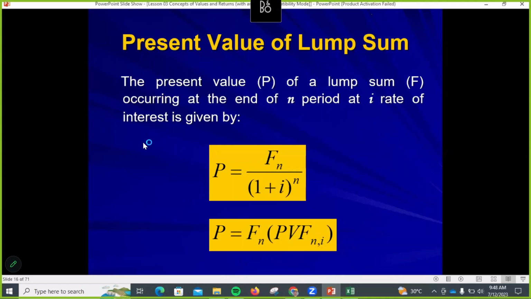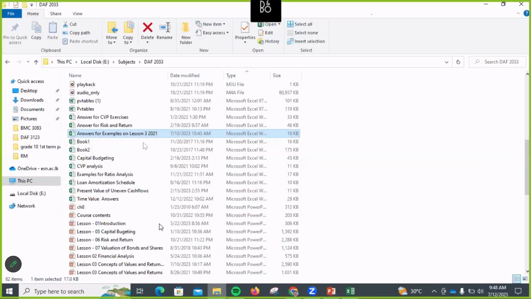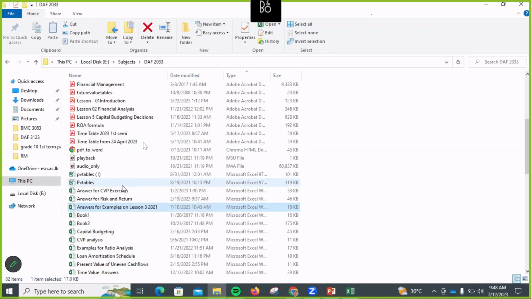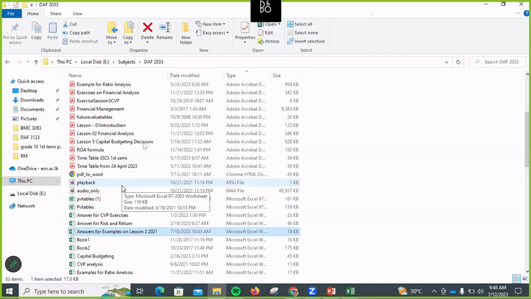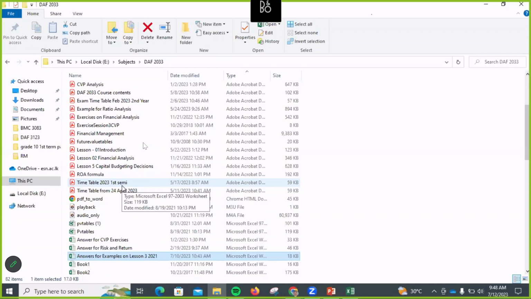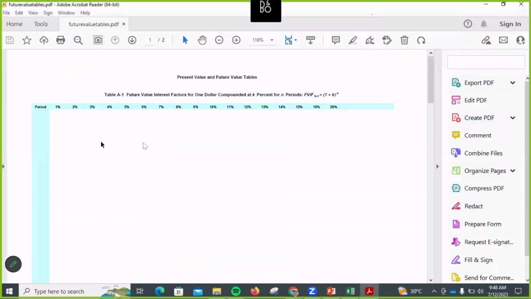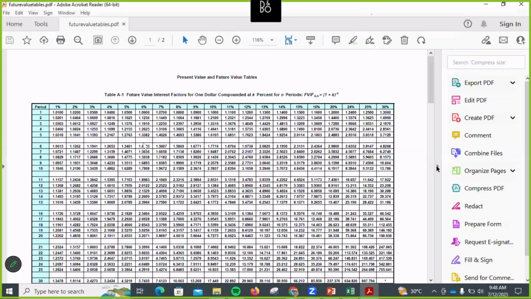You can use the table values also to get it directly. As I have introduced earlier, you can find the table values downloadable from the website. You type the future value tables. Right, so these are the tables available.